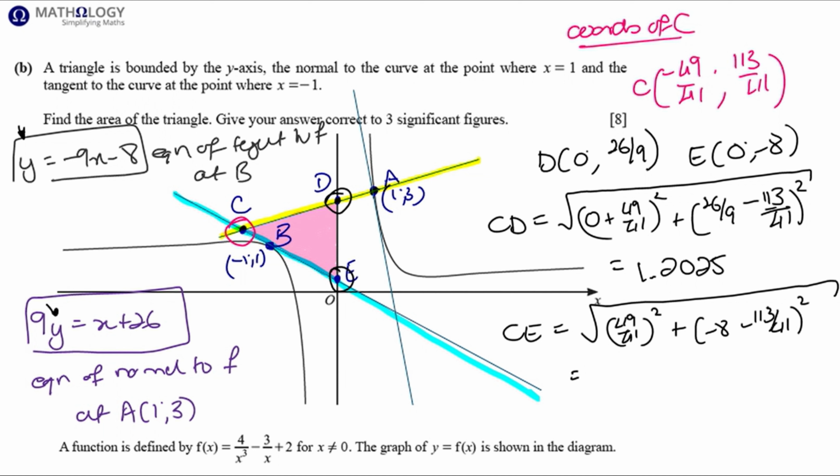So CE equals 10.822. And the length of DE, which is just a vertical line segment, DE will be 26/9 plus 8, which equals 10.889 units.